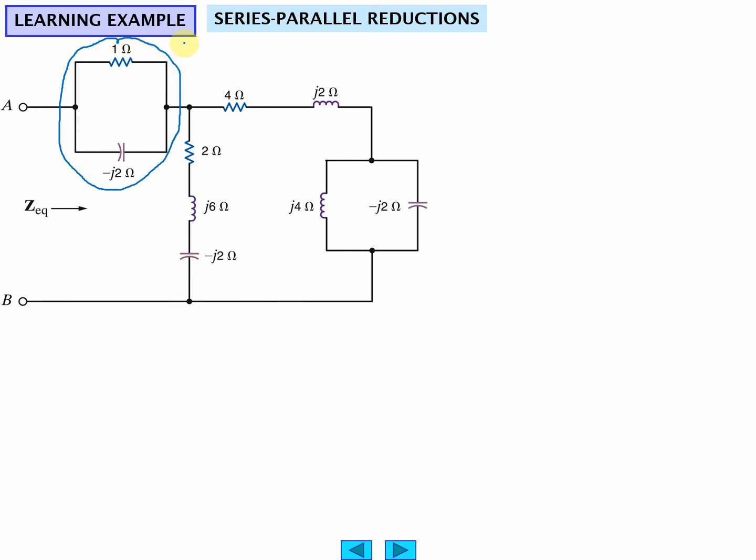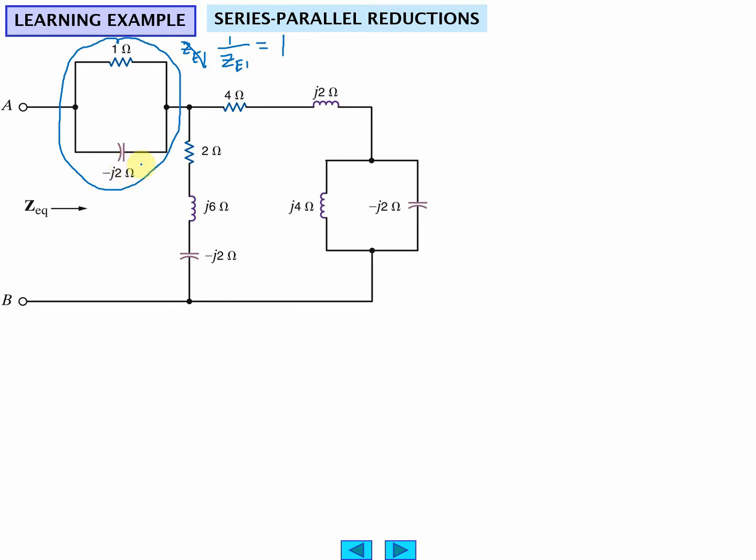So I want to know the equivalent resistance of this one. Well, they're in parallel, so I need to take the reciprocal. That's going to be 1 over 1, which is 1, and the units are inverse ohms or Siemens.